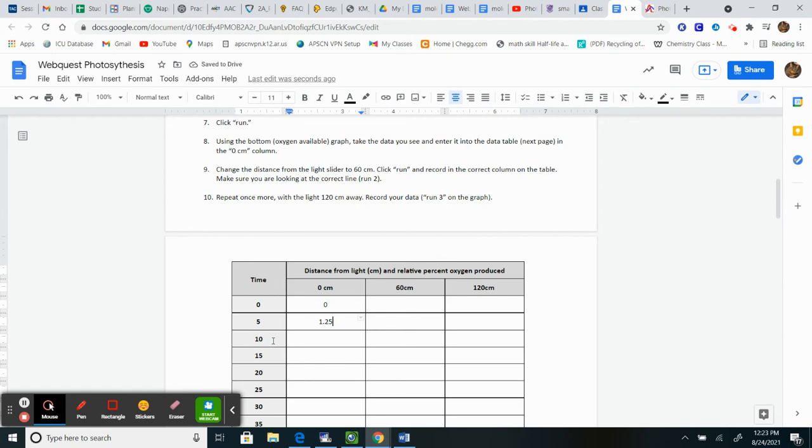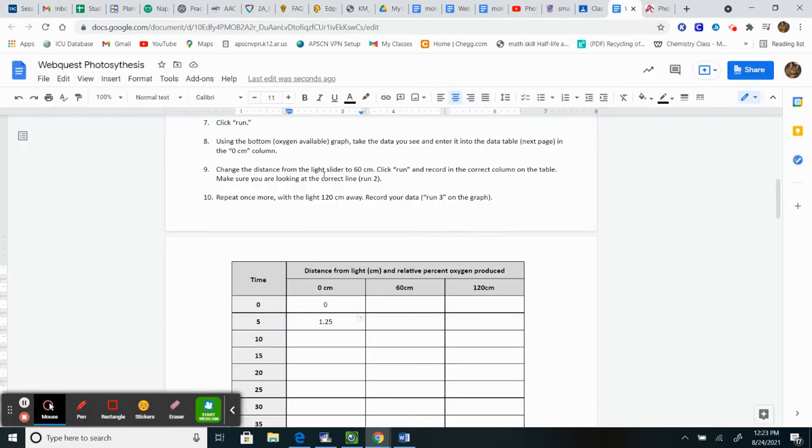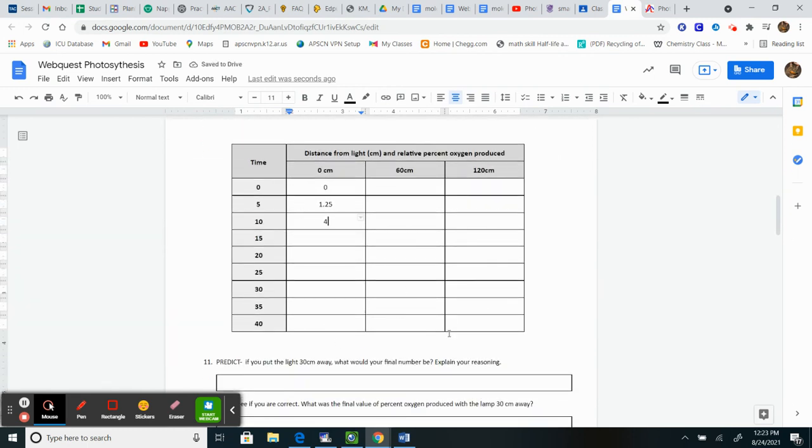Our next time is going to be 10. So at 10 here, we're going to have 4% relative oxygen. So I'll go back here and I'll put 4, and we will continue to fill out the chart.